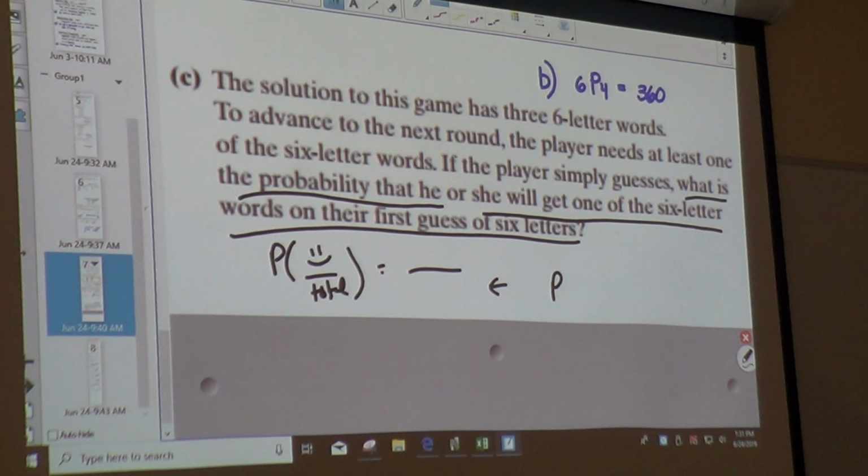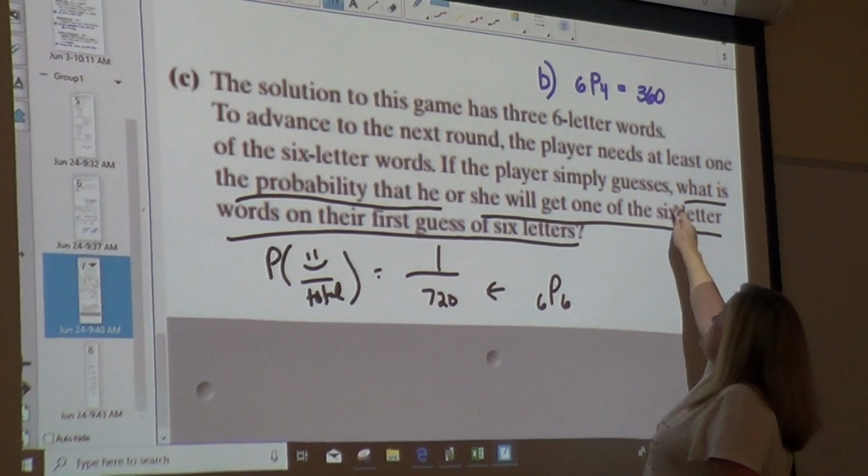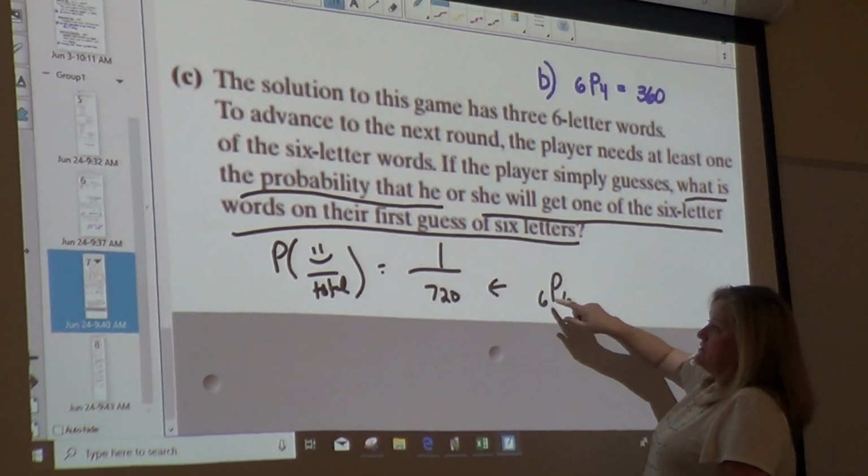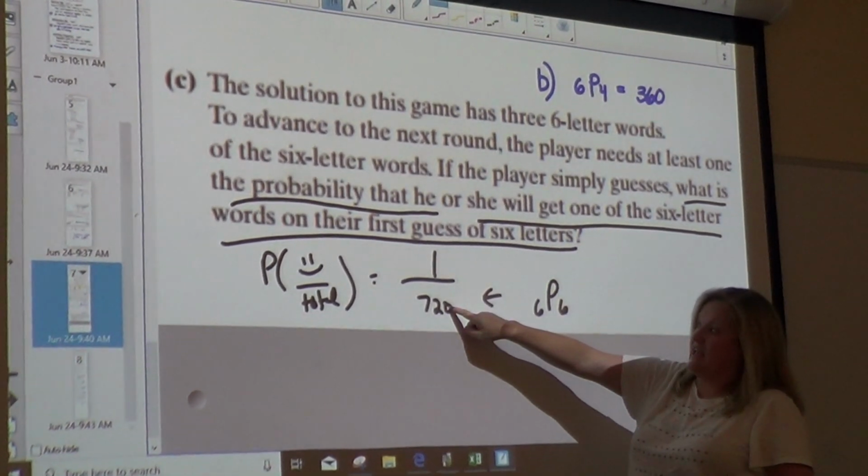So what's the chances, or how many combinations or permutations or sample space of choosing 6 letters and getting 6 correct? 720. So 1 out of 720. So it says that she has 6 letters and she has to get all 6 of them right, which was our part A answer.